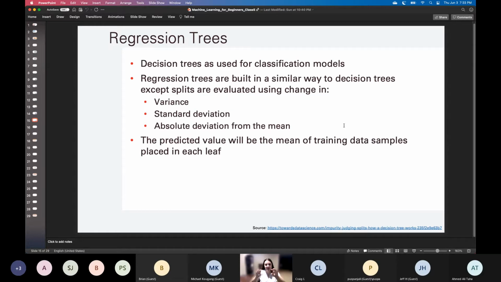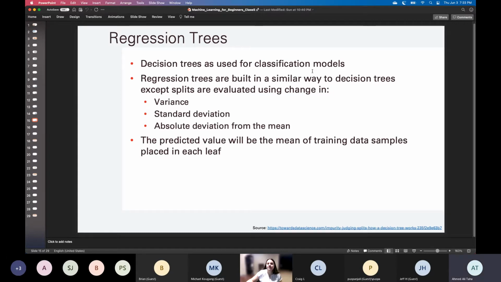The one where, at the decision nodes, the next level, the variance in your two groups drops the most, that's the feature and the cut point that it will choose. And that will be the feature and the cut point that allows for the most information gain in that case.